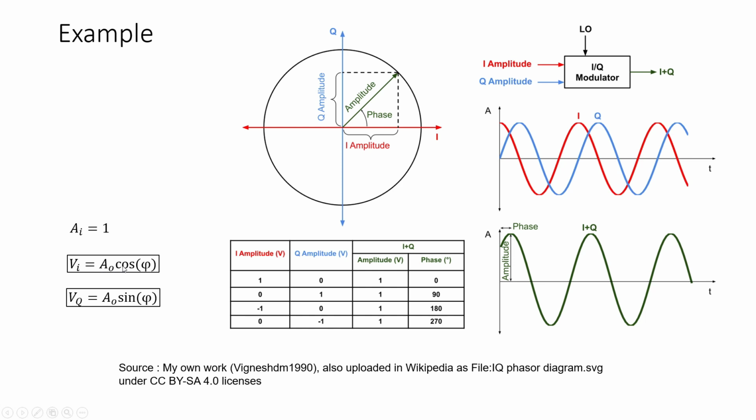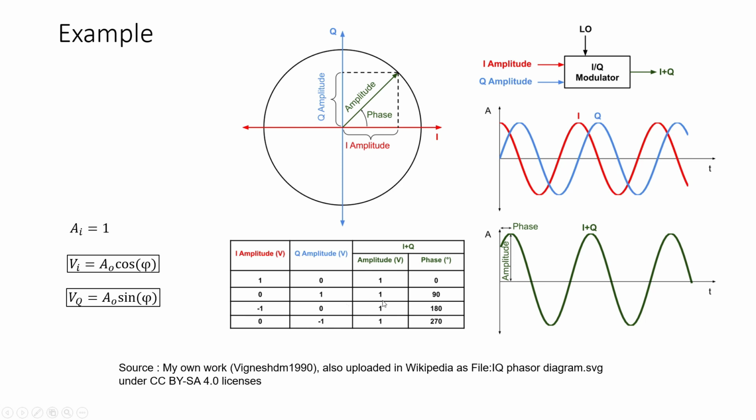So 1 times cos of 0 is 1, so the Vi value is 1, and Vq is equal to 1 times sine of 0. Sine of 0 is 0, so Vq is equal to 0. Let's take another example.